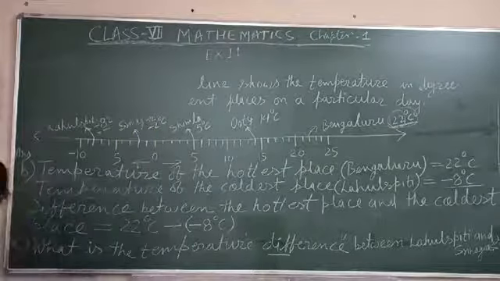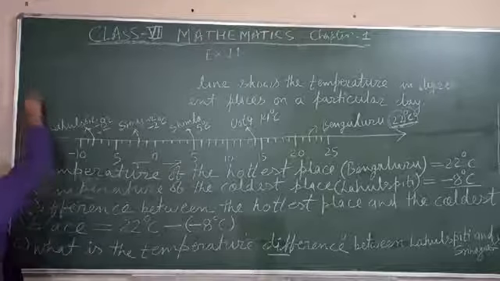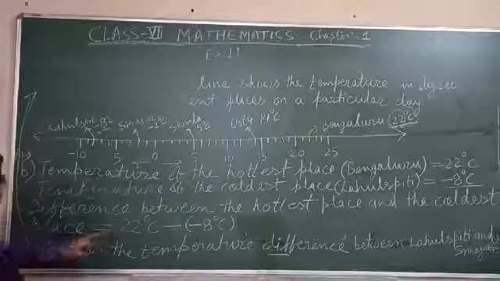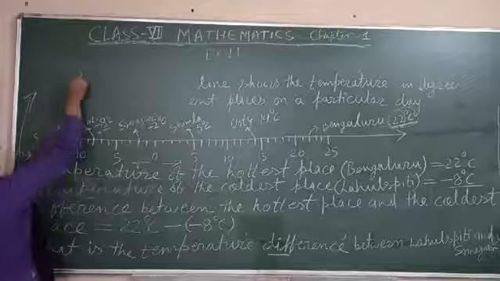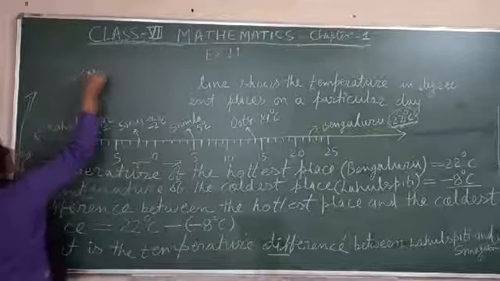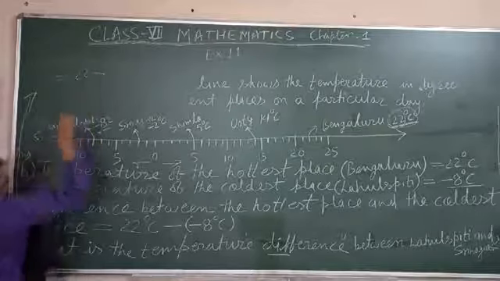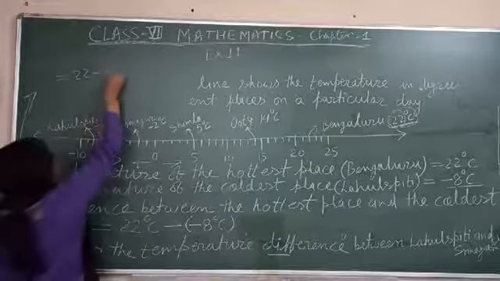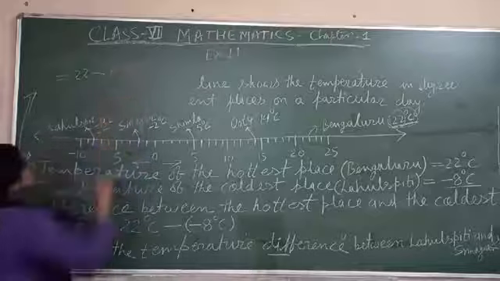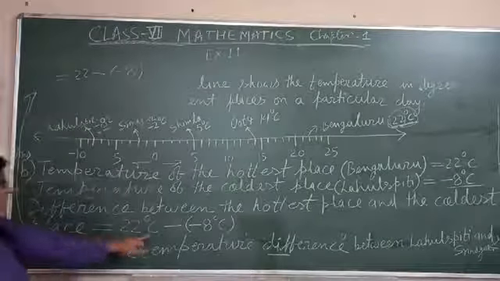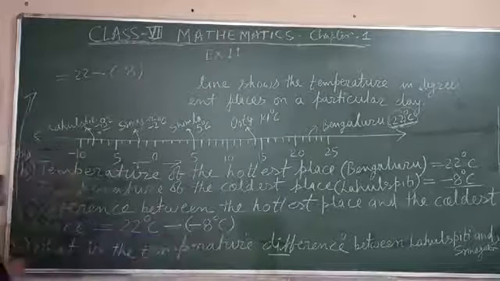So look here. After that, how will we write this? 22 minus, when we calculate, we will not use the unit here, minus 8. Okay, both are the same unit, degree Celsius.